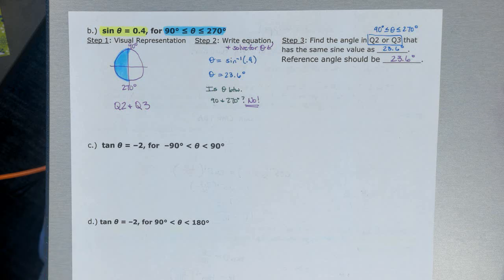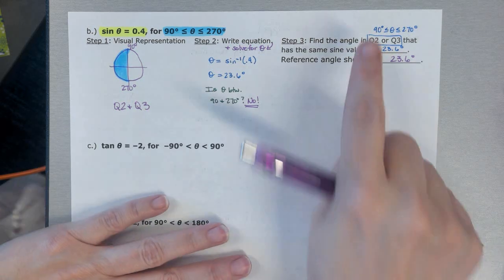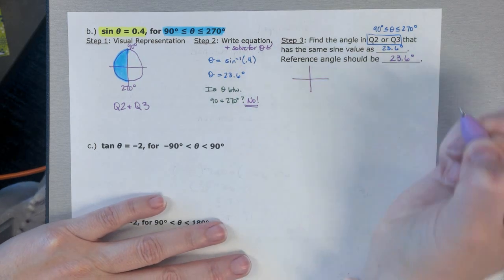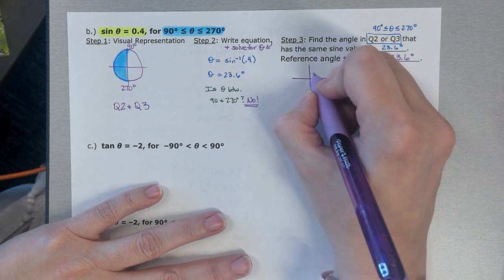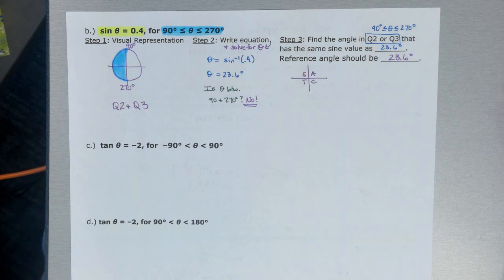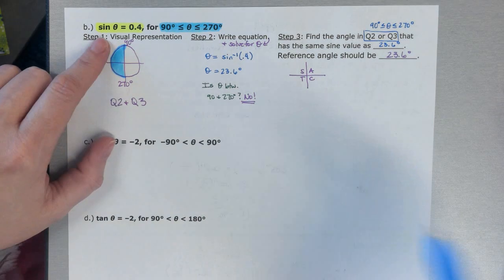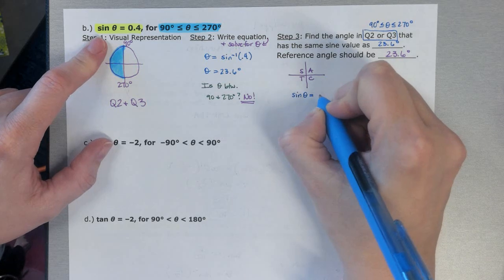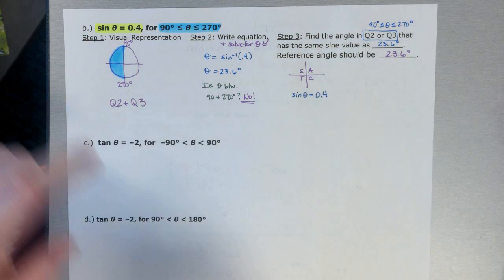Okay, so the first thing we have to do is narrow it down. We have to figure out if it's in quadrant 2 or quadrant 3, because that's going to change our picture. So we are going to use the all students take classes. So if you can jot that down, that would be great. And then we're also going to use our original equation. So the original equation that we have says the sine of theta equals 0.4.